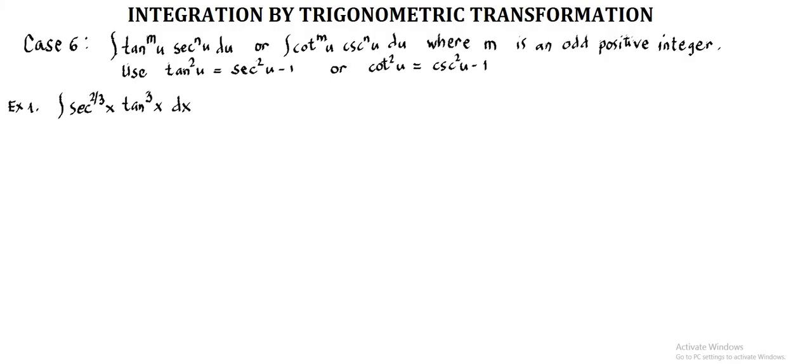Let us have example para sa case na ito. So, example number 1, meron tayong integral of secant raised to 2/3 of x tangent cubed of x dx. Okay? So, solve natin to.